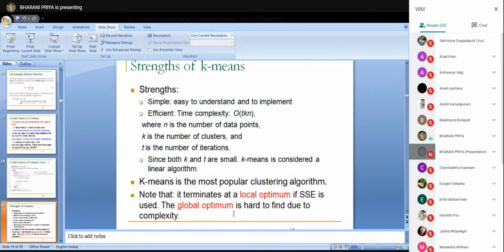What are these local optimums and global optimums? So you are taking the data from the disk, only a subset of the data from the disk to the local systems.